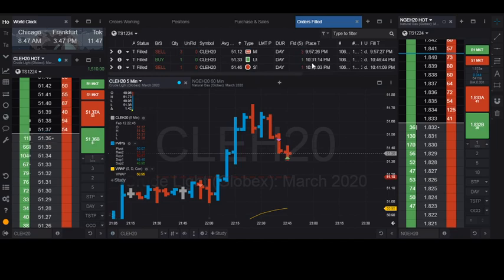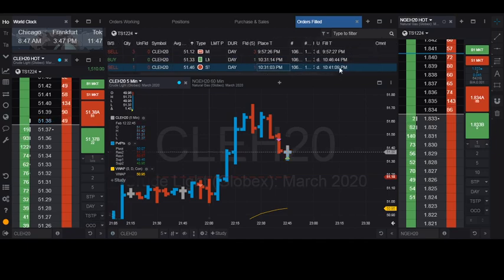So let's take a look at what time I did enter. Okay, we did enter at 10:41, short sell at 51.46, and then I exited at TP at 10:46 PM my local time. So this one is under 5 minutes, around 4 minutes plus.